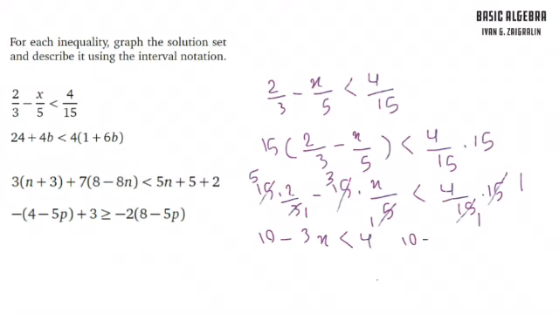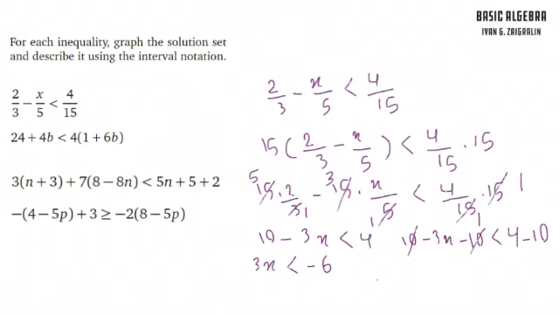10 minus 3x minus 10 is less than 4 minus 10, and this 10 goes with this negative 10, so 3x is less than negative 6.